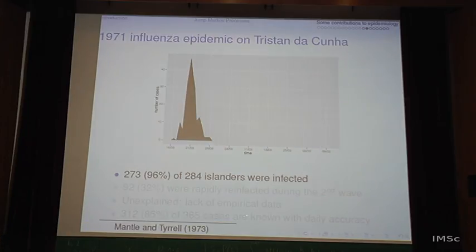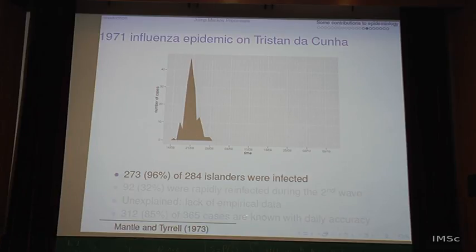The result was quite dramatic, because in only 2 weeks, 96% of the 284 islanders developed flu symptoms, and you have this huge peak of influenza. That's a lot, and that's because the population is very naive to influenza.